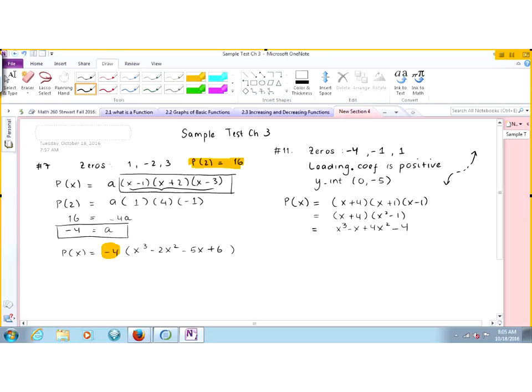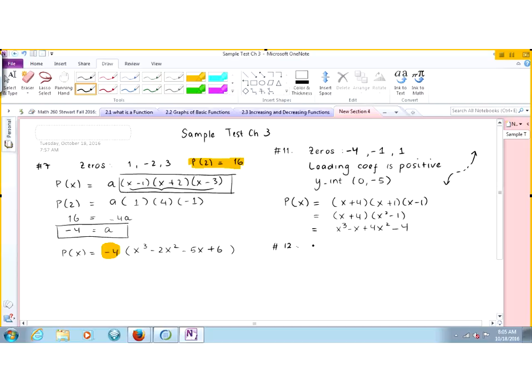What about number 12? Were you able to factor it? By looking at the graph? Yes.